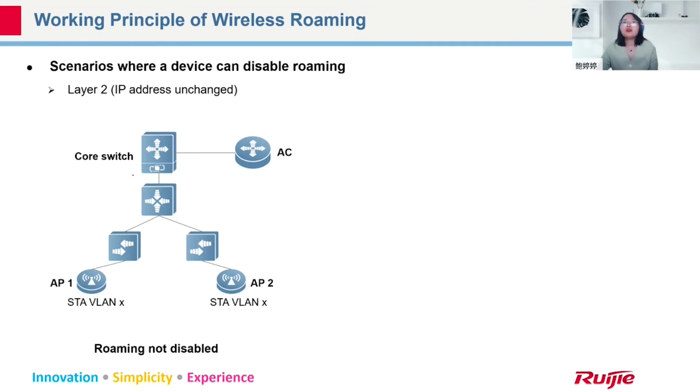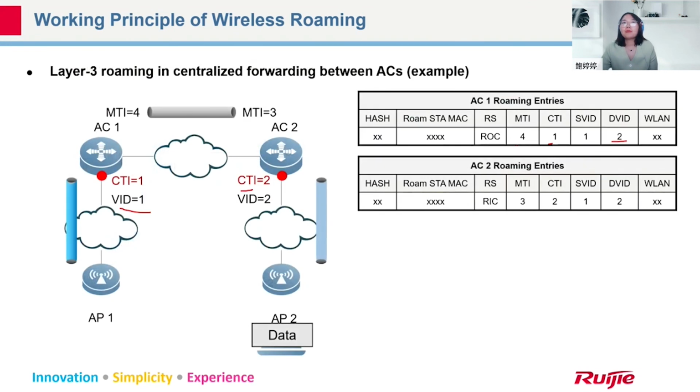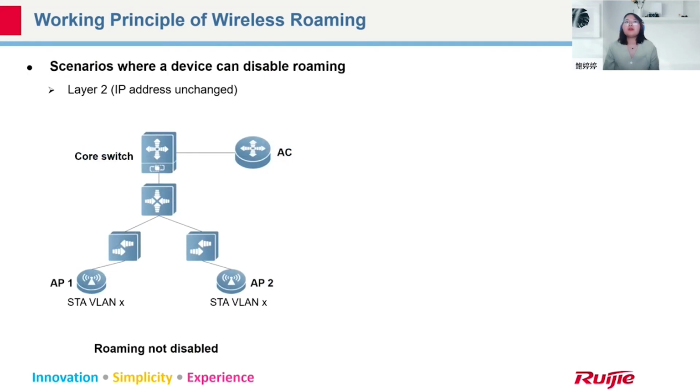Okay, so this is the process of layer 3 roaming in local forwarding or centralized forwarding. In some scenarios, there is no need to enable roaming.